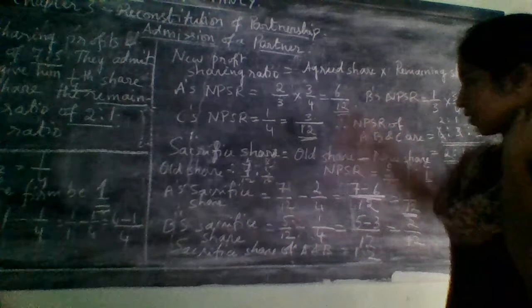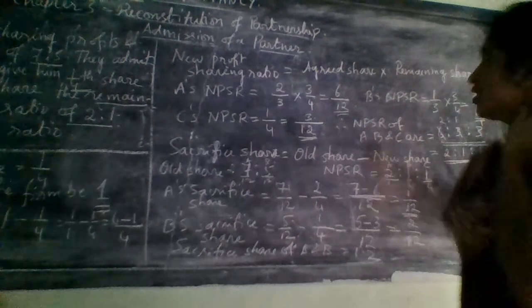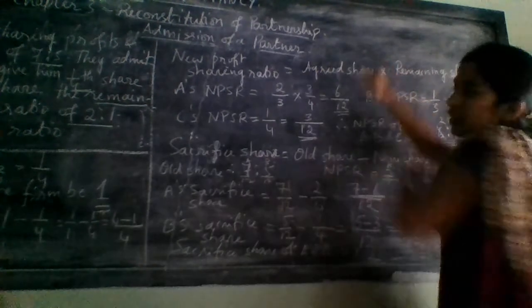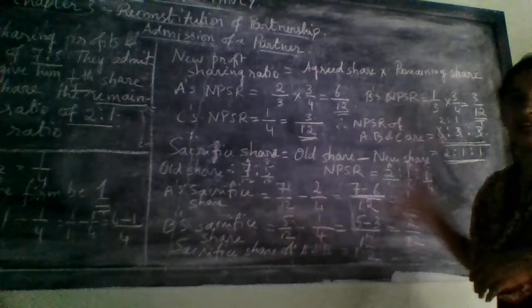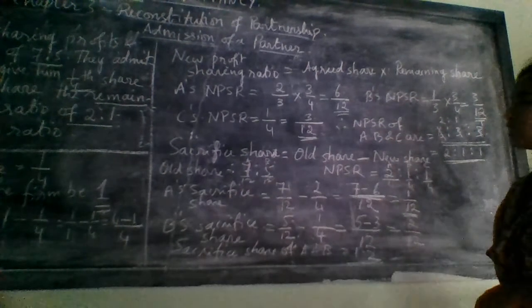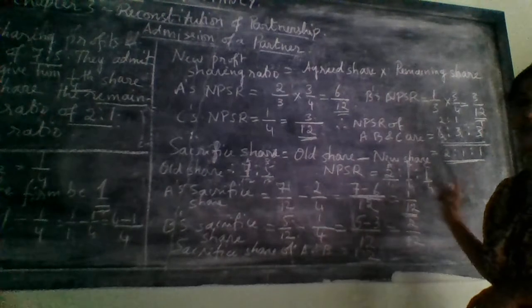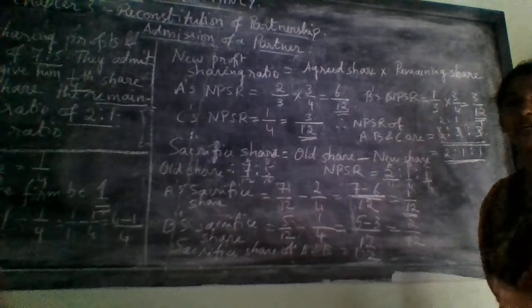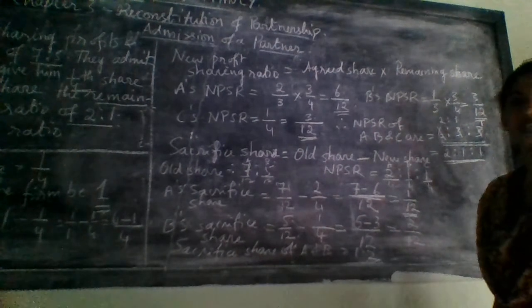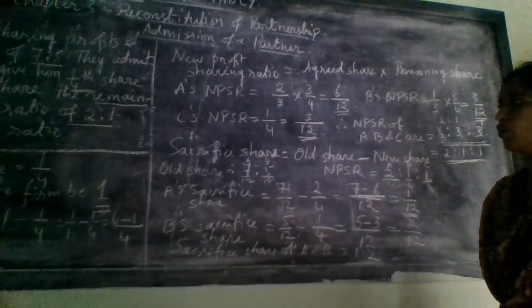Why? Because the steps are too many. They will give only calculating the new profit sharing ratio. But let it be. While learning, you learn the complete procedure. One more problem I will do in the next class. Before that, as I told you, start working on those 9 problems in your homework book.